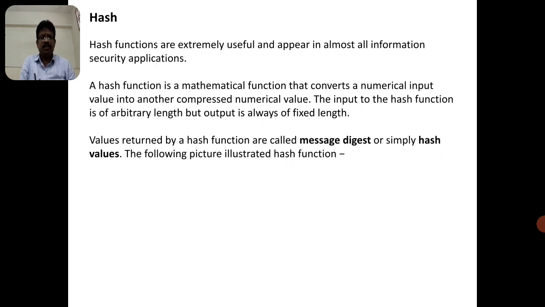Whatever input is taken into the hash function, which has various lengths, is converted into a fixed length value. The values returned by hash functions are called the message digest, or simply the hash value.